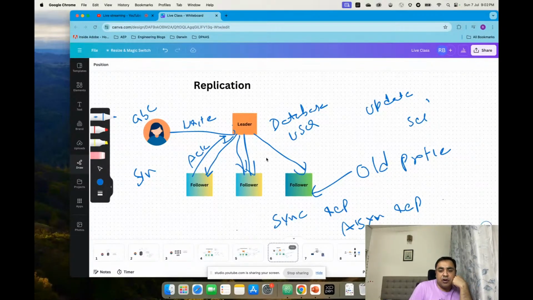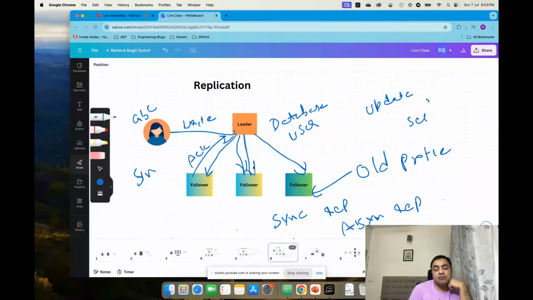If a follower has not sent the acknowledgement, then the leader will respond that your profile has not been updated, because with sync replication, when you're writing, that record must be replicated here as well. So this is your sync replication.